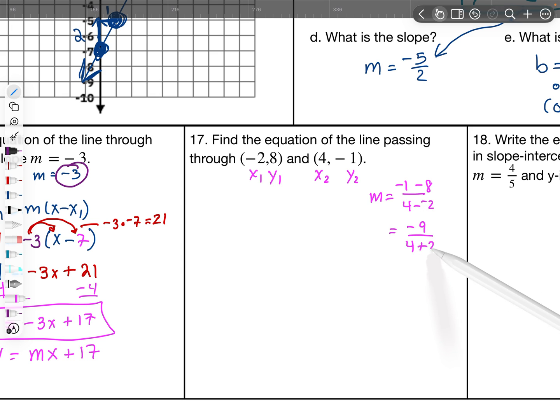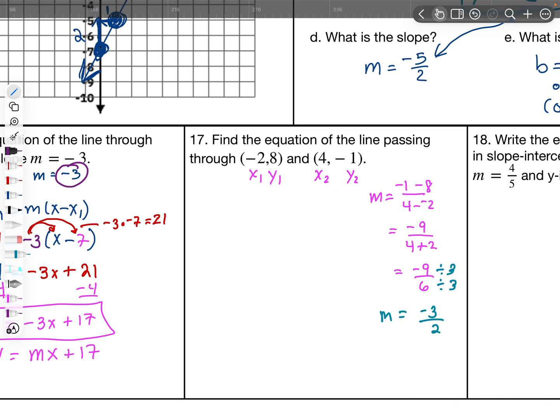The bottom comes 4 plus 2. Then you have to simplify these things. Don't just stop when you get down to your fraction. Check to see if they're both divisible by the same thing. We're dividing them both by 3 in this case. That gives me a slope of -3/2.